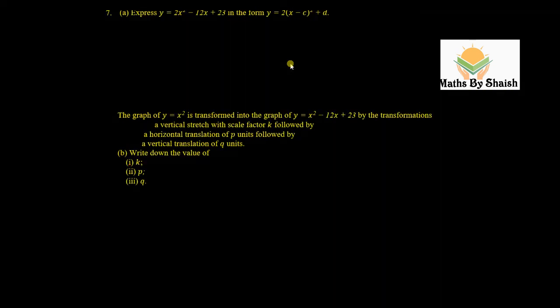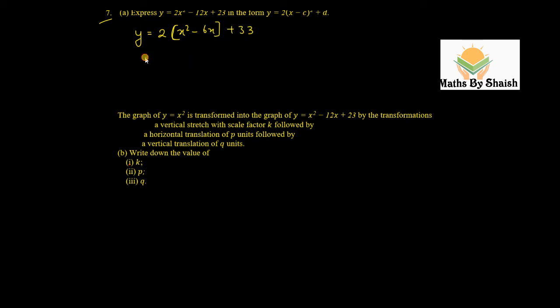Here is question number 7. Express y is equal to 2x squared minus 12x plus 23 by the completing square method. We'll rewrite y, taking 2 common from the first two terms: x squared minus 6x plus 23.